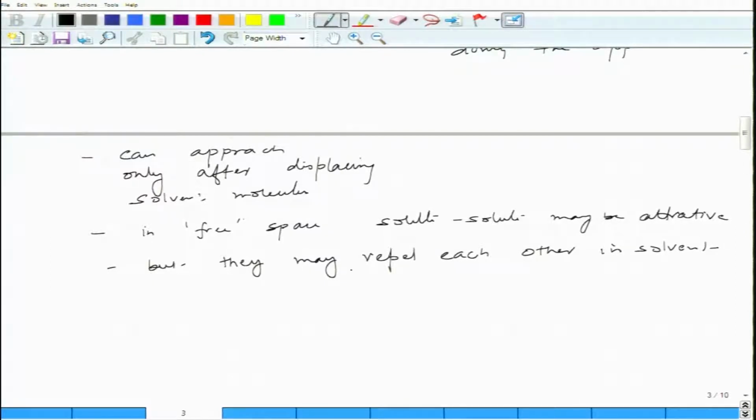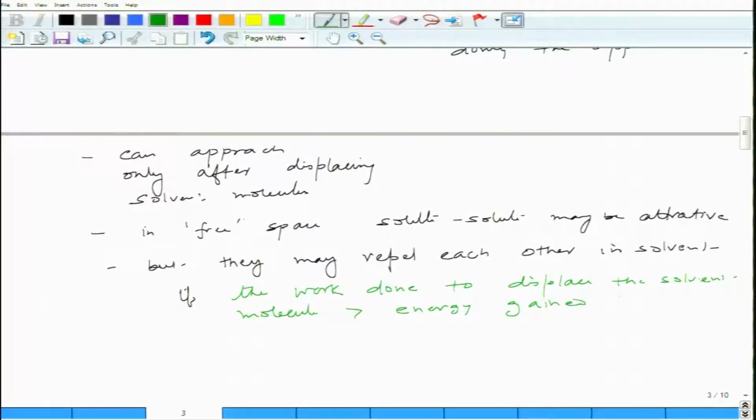That means they can repel each other in solvent if the work done to displace the solvent molecule is greater than the energy gained by approaching solute.